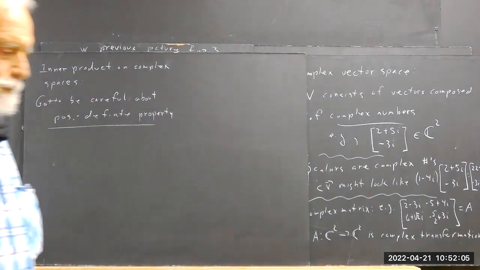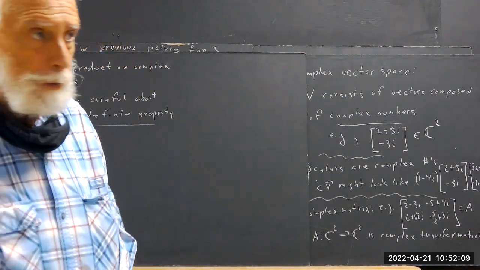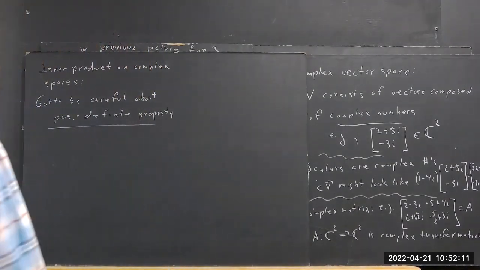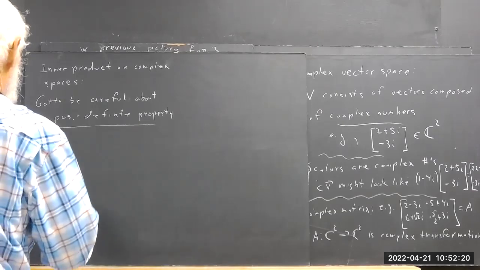Now, the main inner product we're going to deal with here, because we're not going to go deeply into complex vector spaces, is just your dot product. So I'm just going to do the dot product, okay?